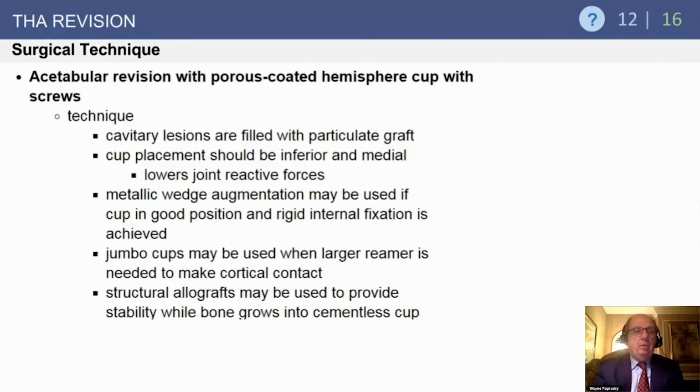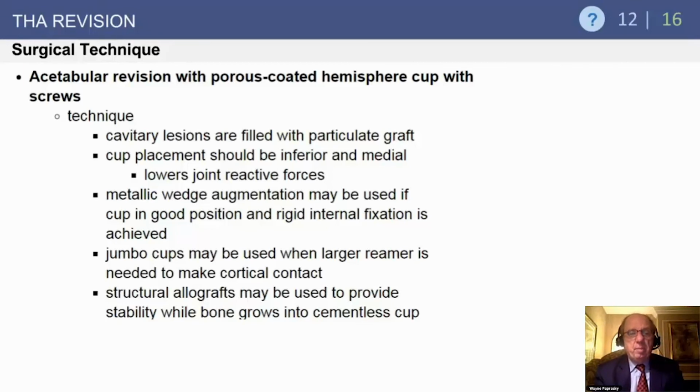What about some surgical techniques for acetabular revision with porous-coated hemispherical cups? First of all, when the cup is removed, cavitary lesions are identified and filled with particulate graft. Cups should be placed as inferior and medial as they can to lower the joint reactive forces. Wedge augments are used if the cup is in good position and rigid internal fixation is achieved.